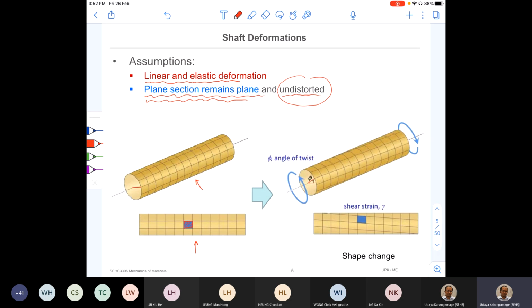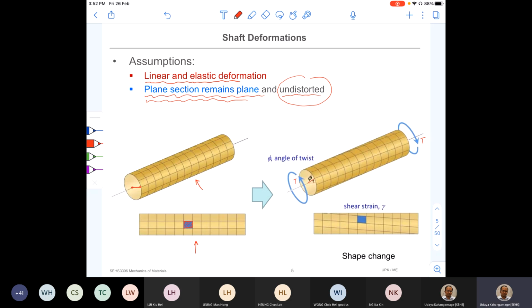This is how it looked before application of the torque. Also I have just drawn a line on the circular section at the end of the member. So this is the center, and it's actually the radius. Okay, and see what is going to happen if I apply a torque of T.